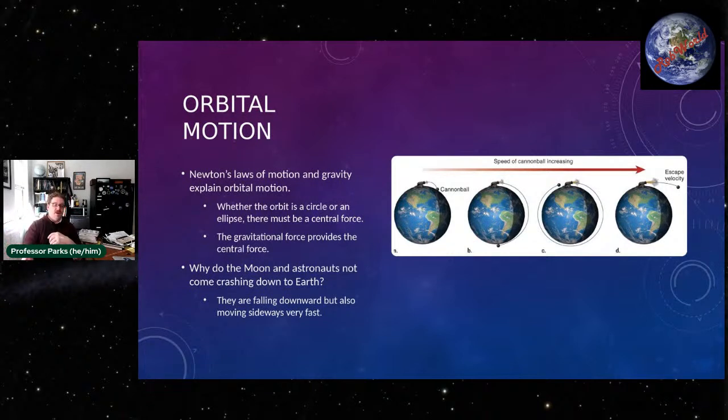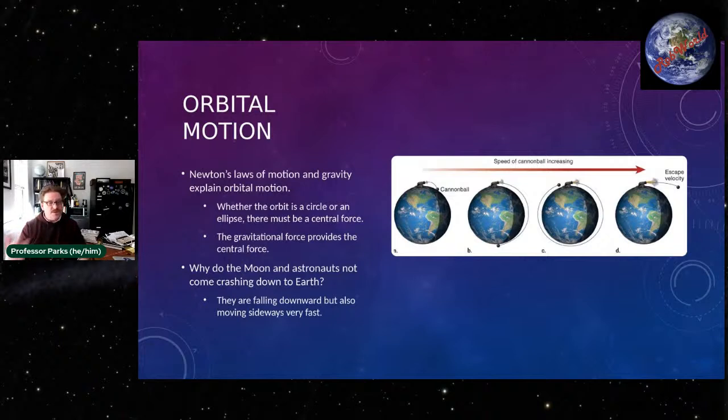It's still going to accelerate downward at the same rate as it did before. So it's going to take the same amount of time to fall to the earth. But because it has such a larger velocity going forward, it's going to get further along. So instead of going, say, a mile, it's going to go 10 miles.